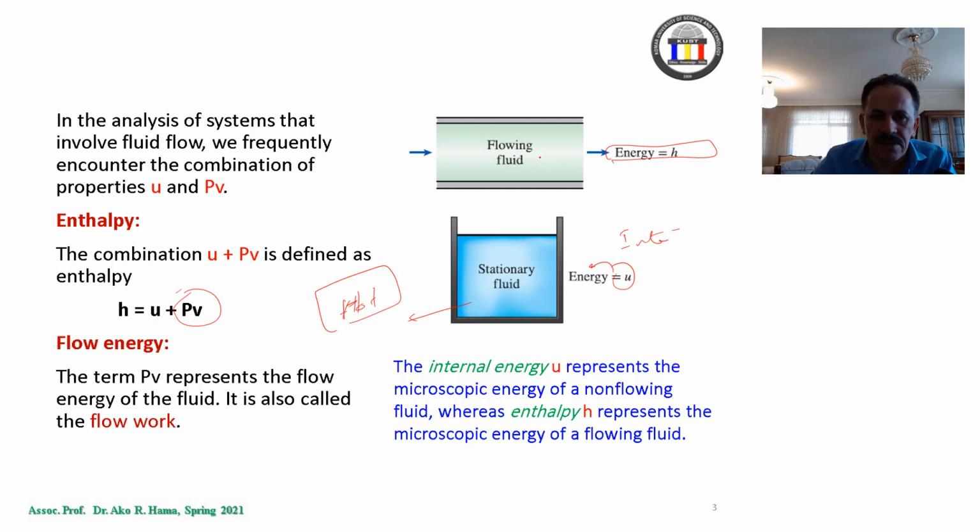So enthalpy is the internal energy plus the energy induced by the flowing of the fluid. The PV represents the flow energy of the fluid. It's called the flow work.